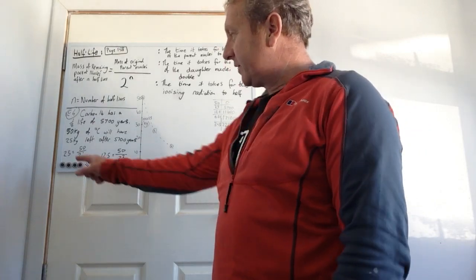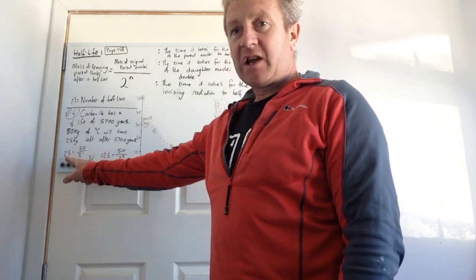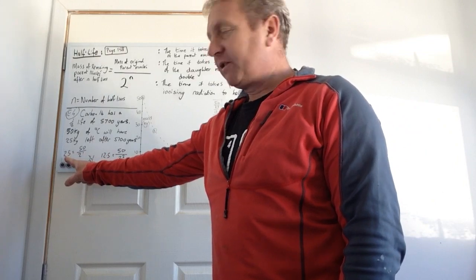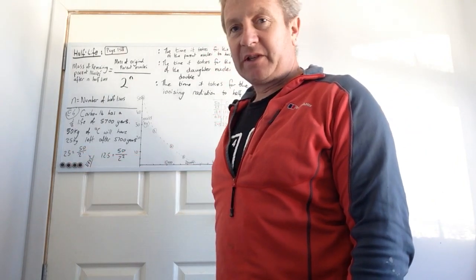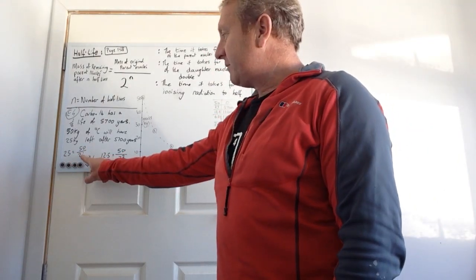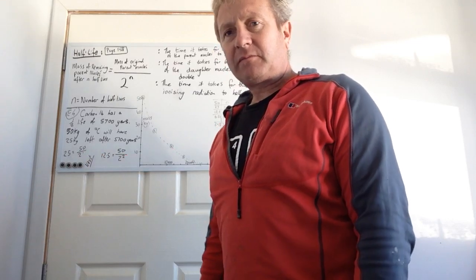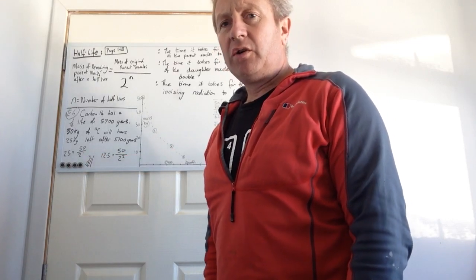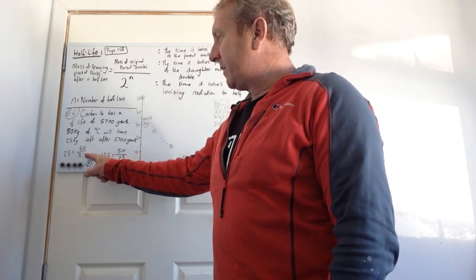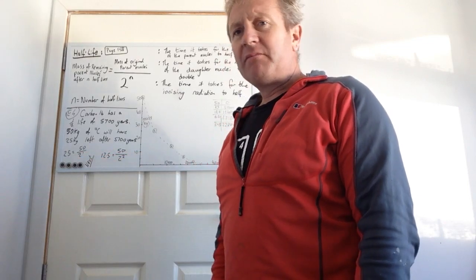The way the equation works would be 25, that's the stuff at the end, 25 kilograms at the end, 50 kilograms at the start, divided by 2 to the power of 1. 2 to the power of 1 is 2, so it's 50 divided by 2 equals 25. Amazingly simple.